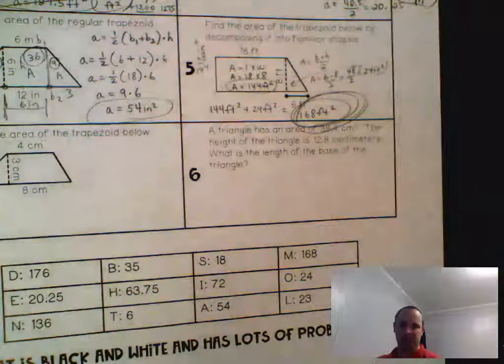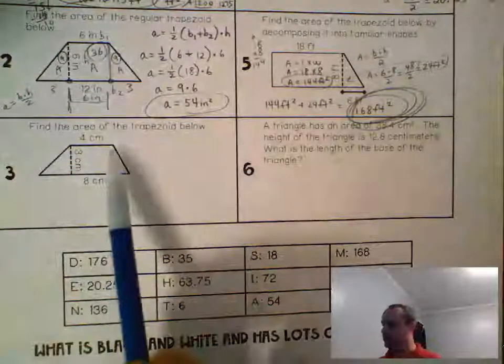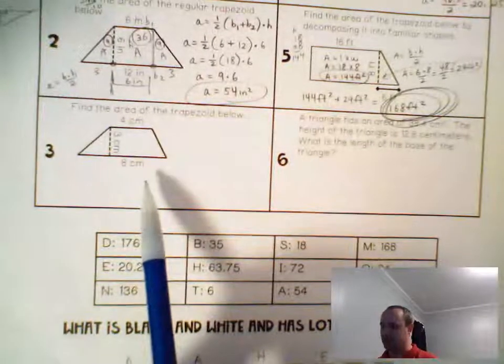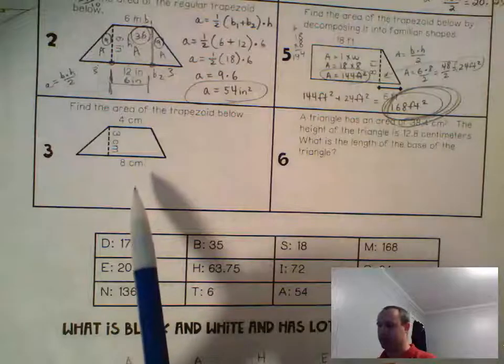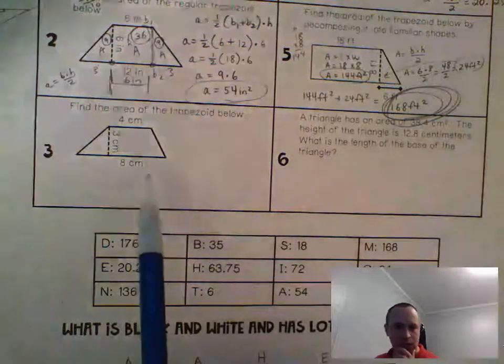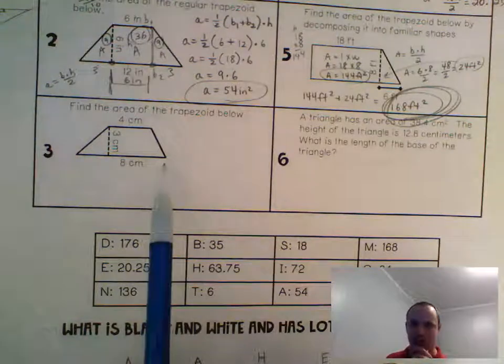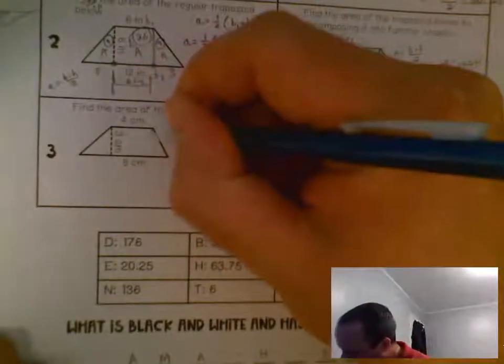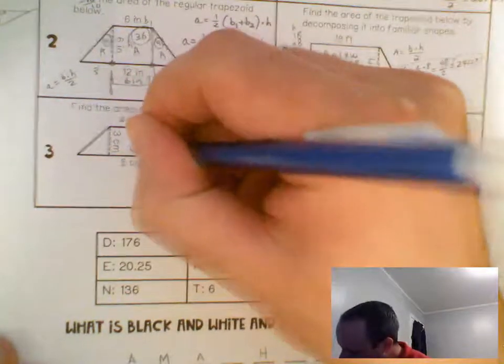Let's look at number 6. I'm going to let you guys do number 3 on your own because we practiced that enough. So you'll either take this formula for the trapezoid and do it that way, or you'll do it by decomposing these shapes, okay? It's up to you which way you want to do it. Actually, this one I don't think you can decompose. So this one you're going to use the formula. The reason I don't think you can decompose this one is because we know that this is 4.